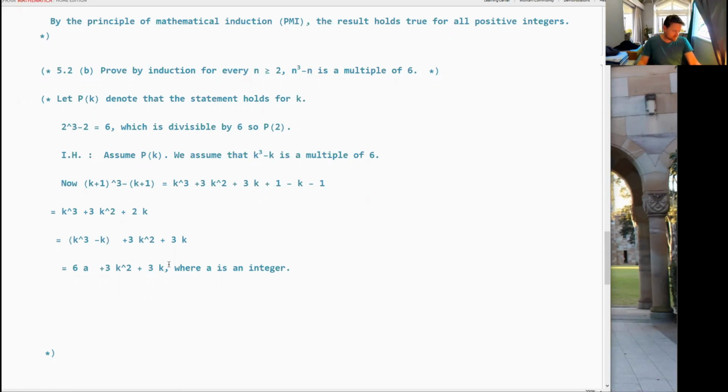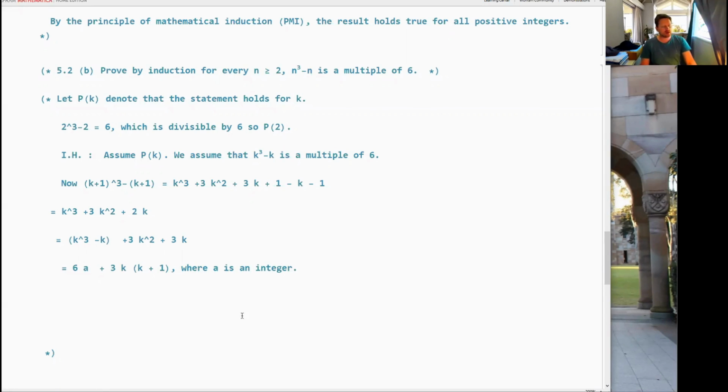Good. And while we're at it, we can factorize the right-hand side, because you can see straight away that they both have a common 3. So we'll pull out that common 3. You can also see there's a common factor of k, so let's pull that out, and that would leave a k plus 1.